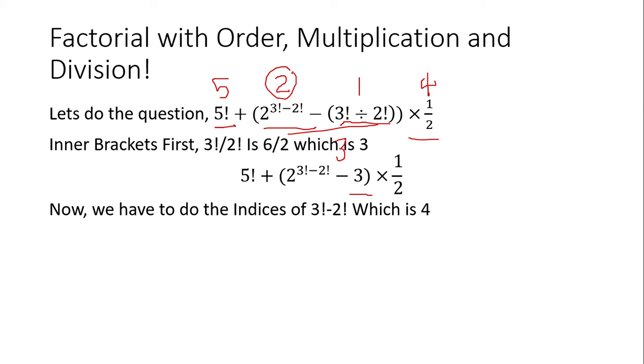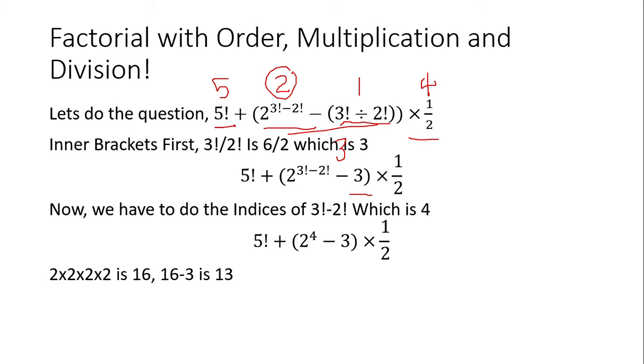Now we have to do the indices of 3 factorial minus 2 factorial, which is 4. Now it looks like 5 factorial plus 2 to the power 4 minus 3, times half. 2 times 2 times 2 times 2, which is shown here, is 16. 16 minus 3 is 13.